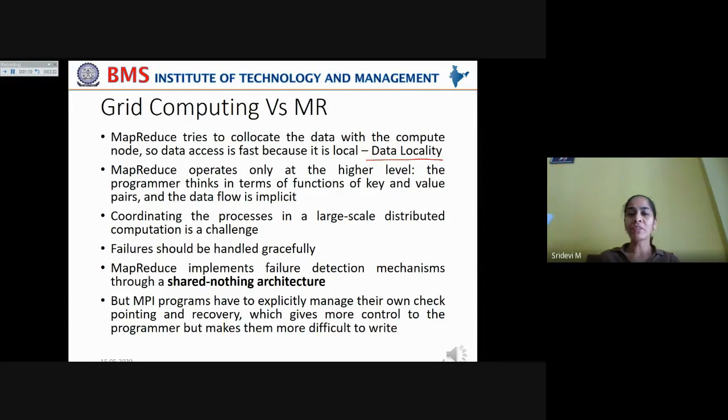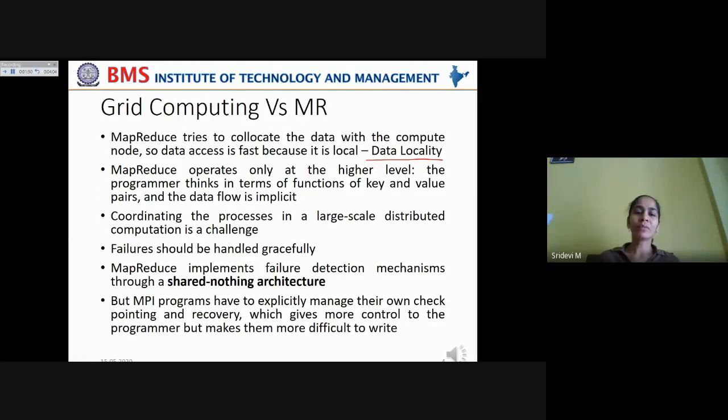And coordinating the process in a large-scale distributed computation will be a challenge in grid computing, because there are multiple machines running at the same time, and clients read the data from multiple machines. But there is no one component which takes the responsibility to coordinate all these tasks. But MapReduce provides such a responsible component to take care of the entire jobs being run on multiple nodes.